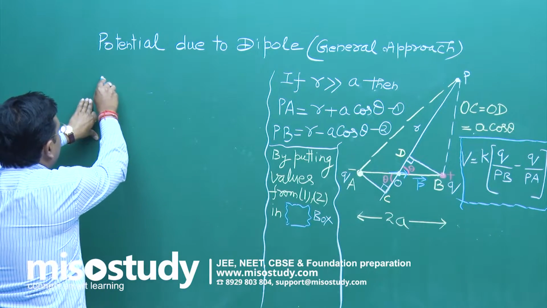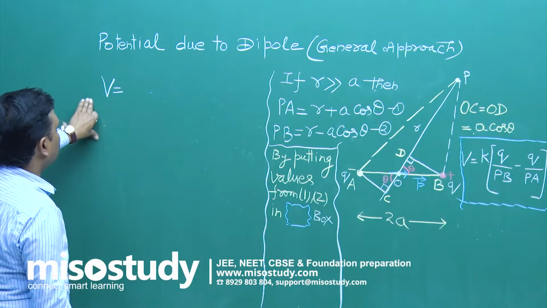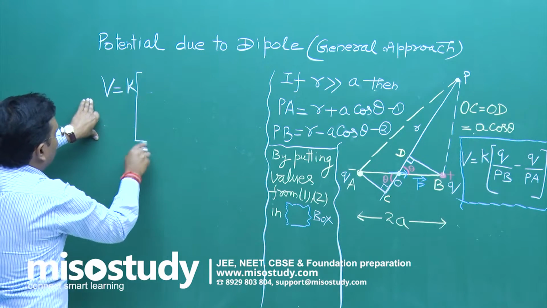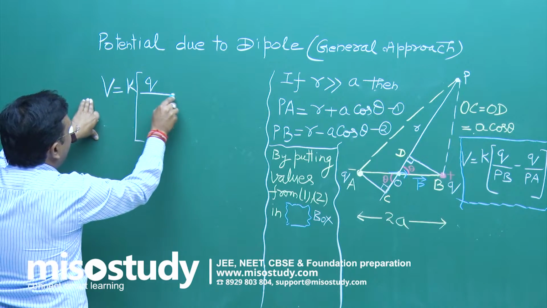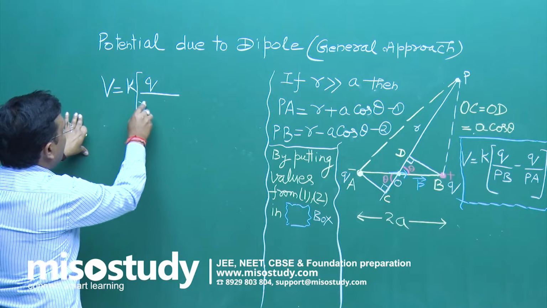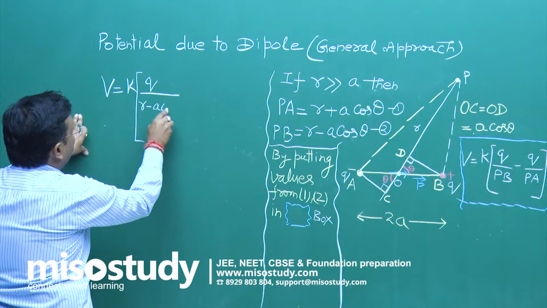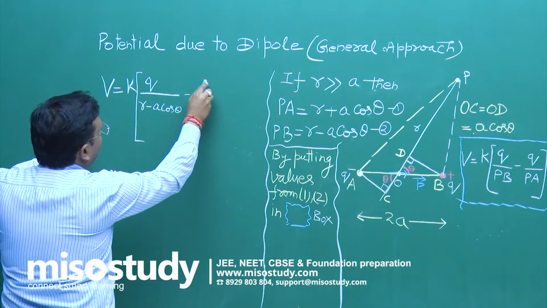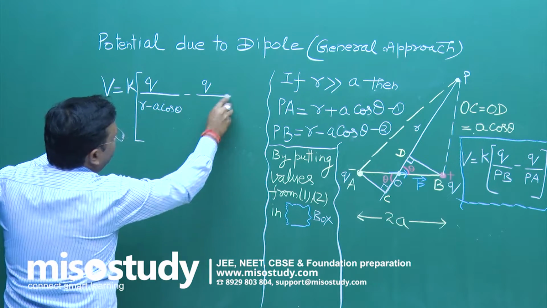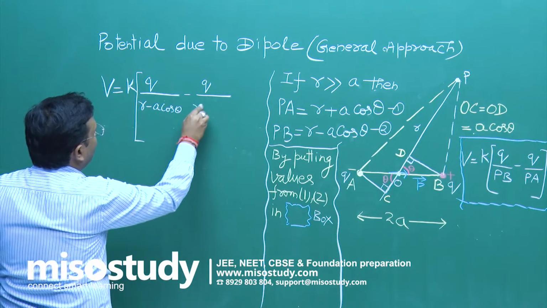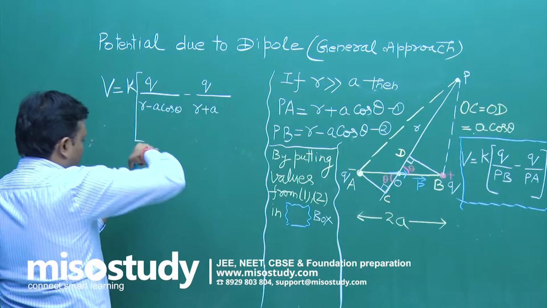Obviously then you can say V is equal to K, fine, Q upon PB, PB is this much, R minus A cos theta, and then minus Q upon R plus A cos theta.